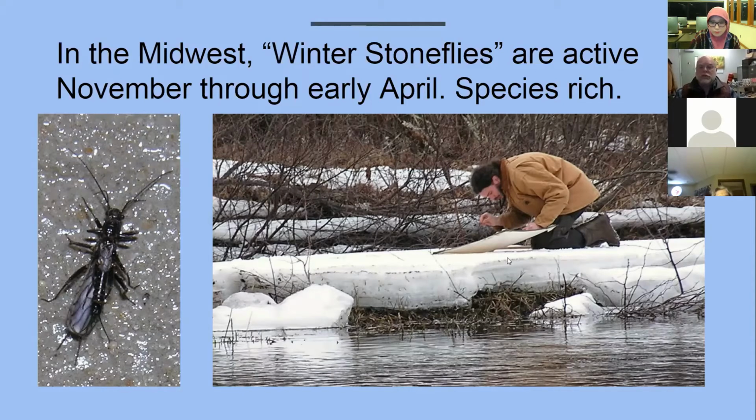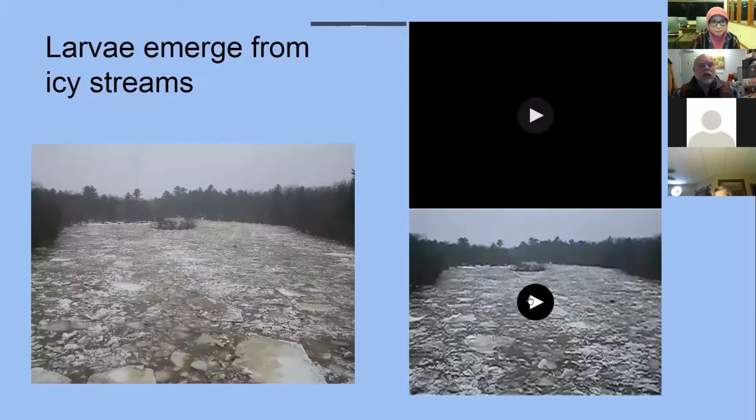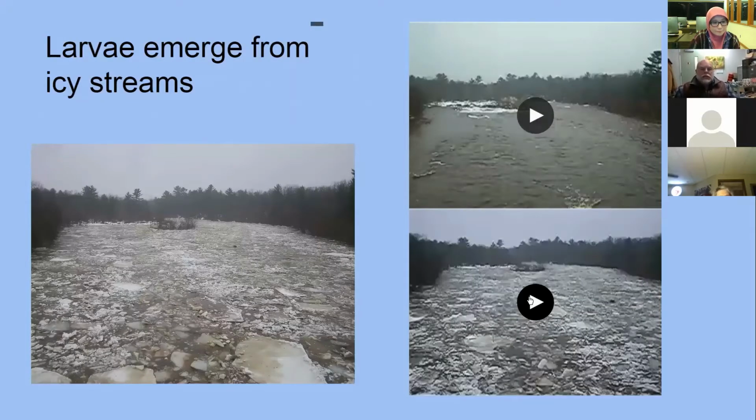My student here, Massimo, from several years ago, actually is on an ice floe on the edge of the Namekagon River in Wisconsin, collecting winter stoneflies there. And there might be eight or so different species on that ice floe. Now, sometimes it's just a little bit on the dangerous side to get these things.